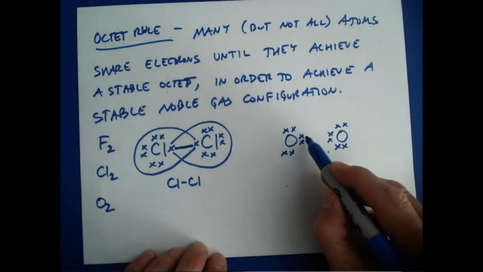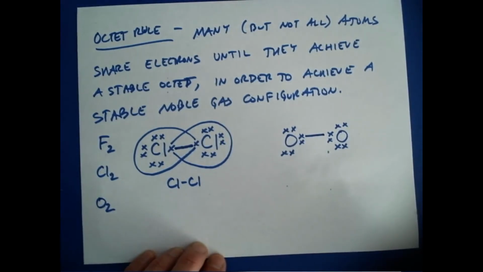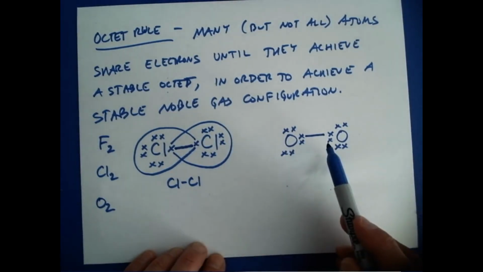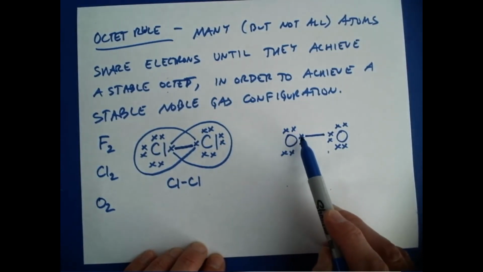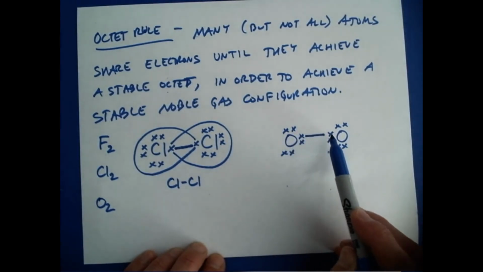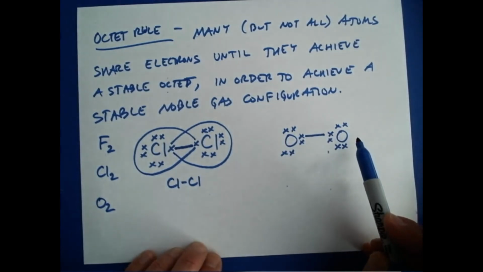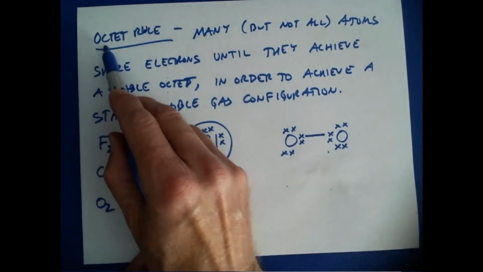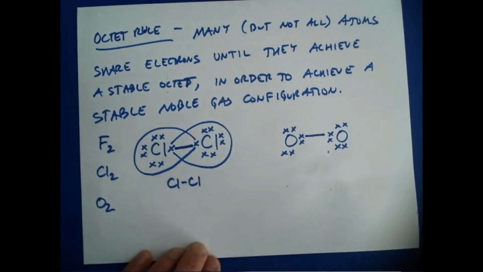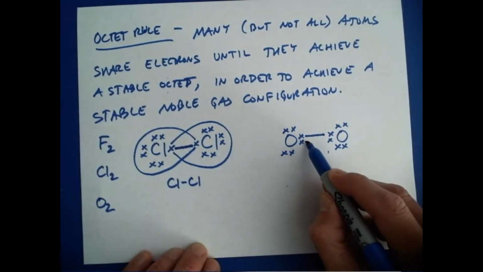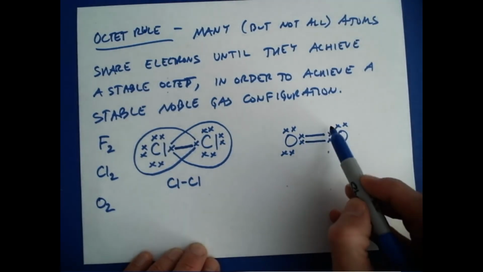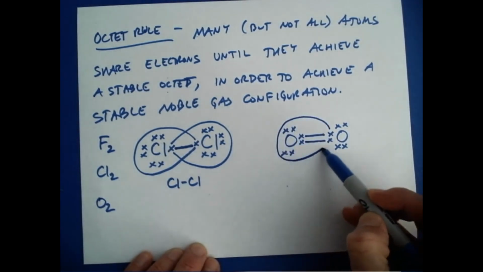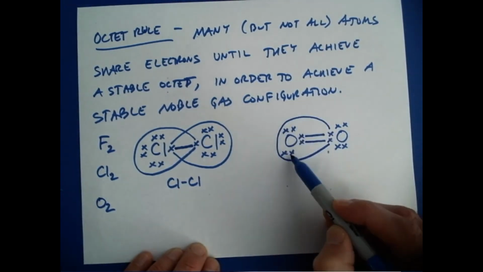And we see if these oxygen atoms share once, well, that's not enough, because by sharing once, this oxygen atom feels like it has 1, 2, 3, 4, 5, 6, 7 valence electrons. And of course, the same with this oxygen atom. That's not enough. We want to get to the stable octet. So those oxygen atoms share a second time. And if they share that second time, then both oxygen atoms feel like they have 8 electrons in their valence shell. 1, 2, 3, 4, 5, 6, 7, 8.